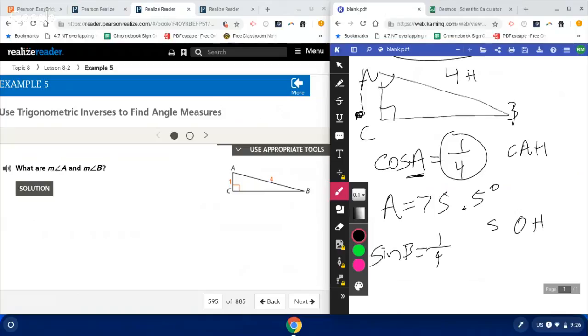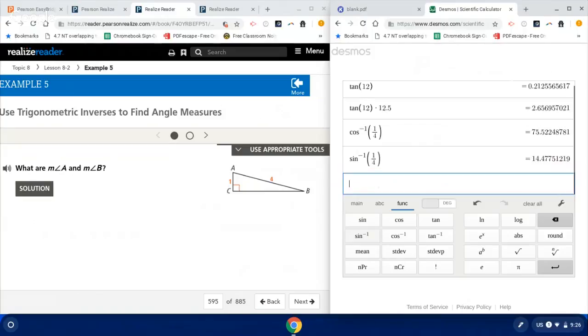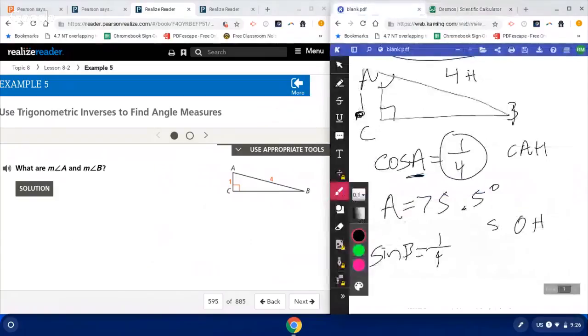So then I go back to my calculator, and because it's sine and I want to go backwards, I'm going to hit the sine backwards button, and I'm going to get 1 divided by 4. And I'm going to get 14.5 when I round that. And we should be able to add our three angles now, 90 degrees, 75.5, and 14.5.